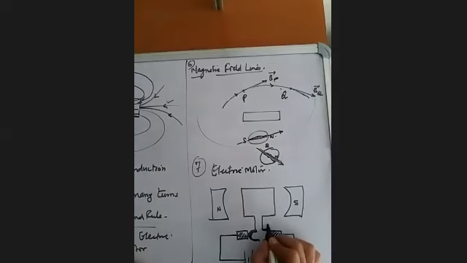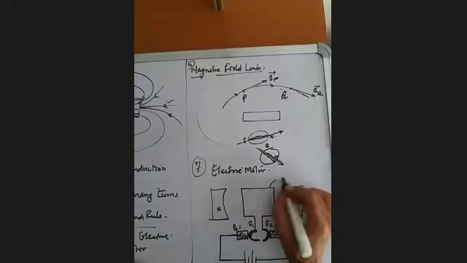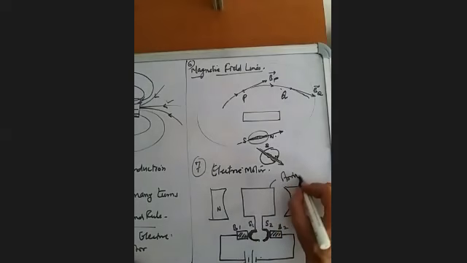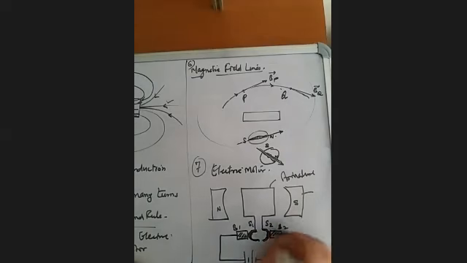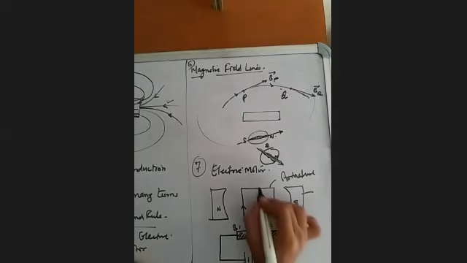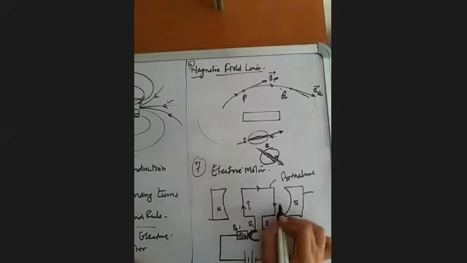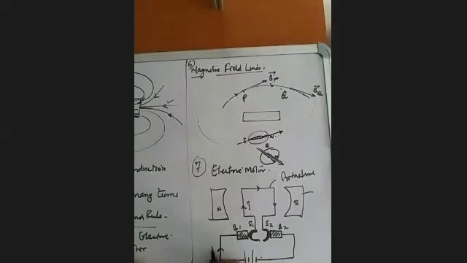So it is split ring 1, split ring 2, brush 1, brush 2, and this is the armature, and these are field magnets, and that's it. So this is the direction of current going like this. Okay. So this is a very simple diagram of an electric motor.